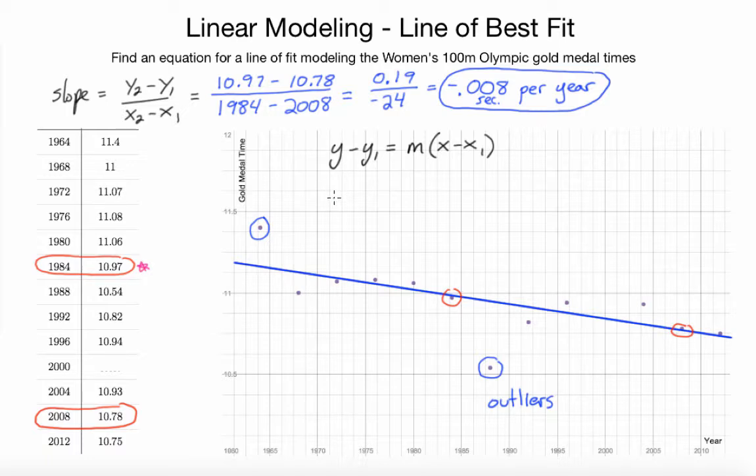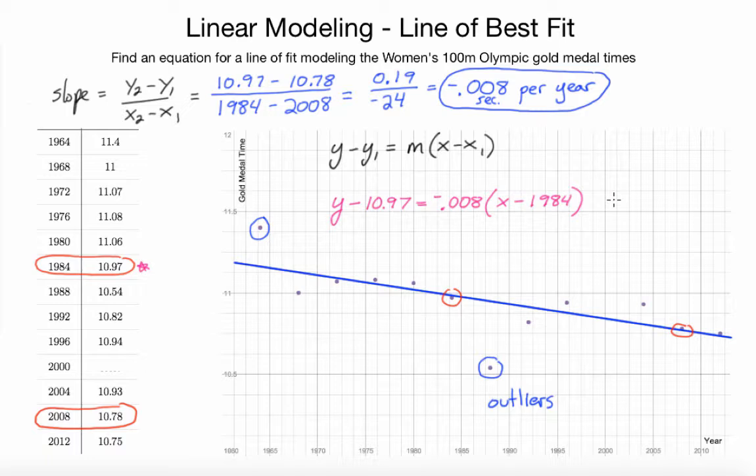So here we go. We've got y minus y1, which is 10.97, is equal to the slope, which is negative 0.008 seconds per year, times x minus 1984. All right, we just found an equation for a line of fit in point slope form.